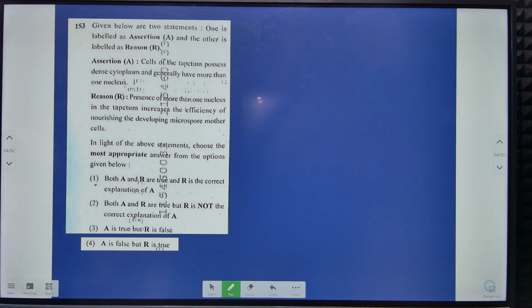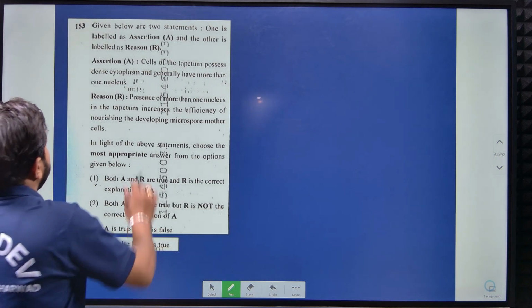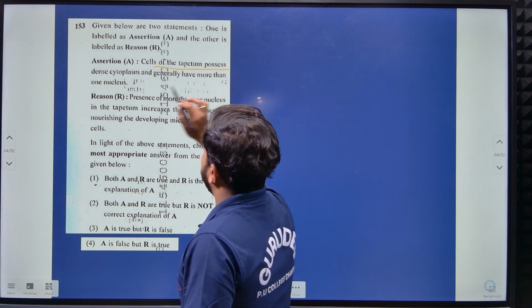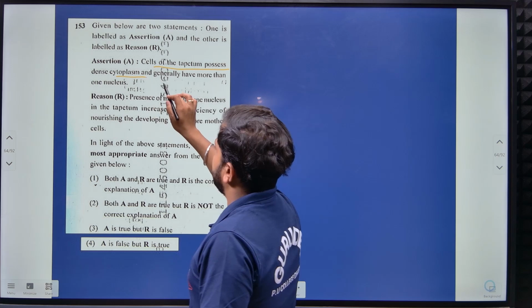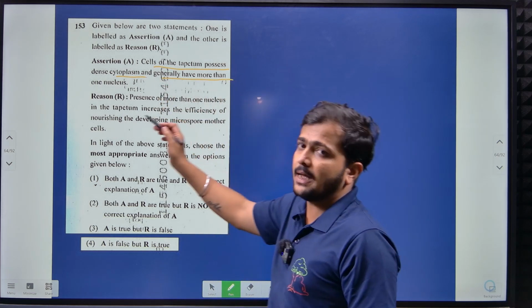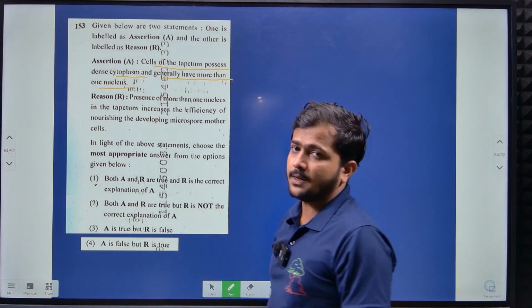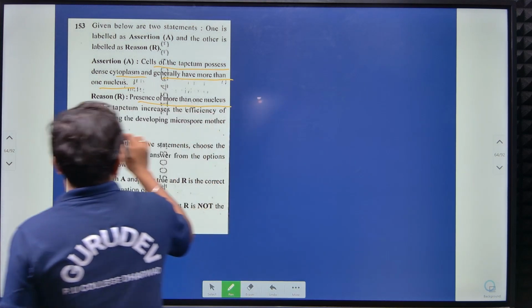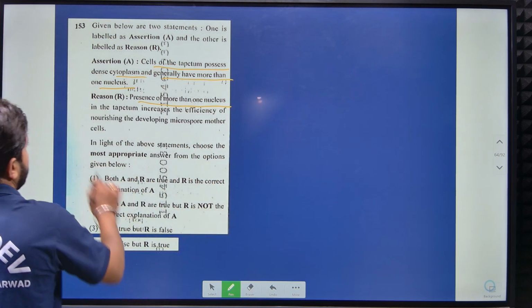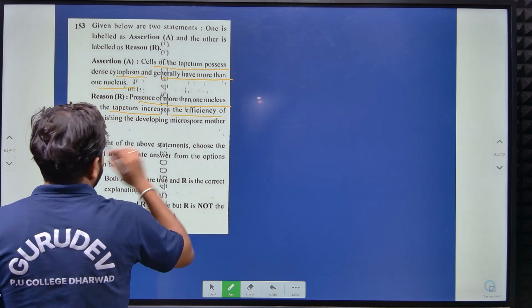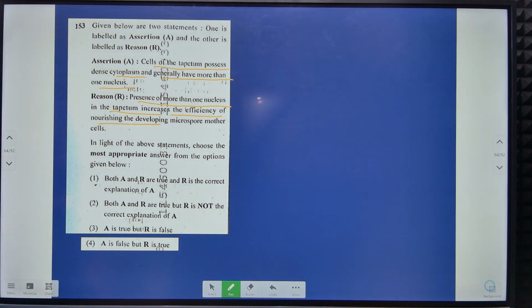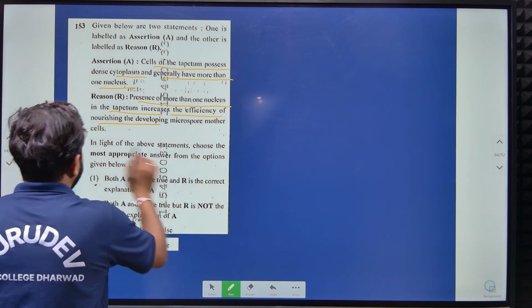Then, moving on to the next question, related to assertion and reason. Cells of the tapetum possess dense cytoplasm and generally have more than one nucleus. The reason says the presence of more than one nucleus in the tapetum increases the efficiency of nourishing the developing microspore mother cells.